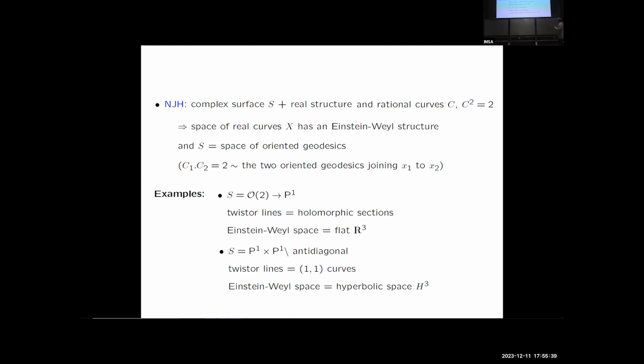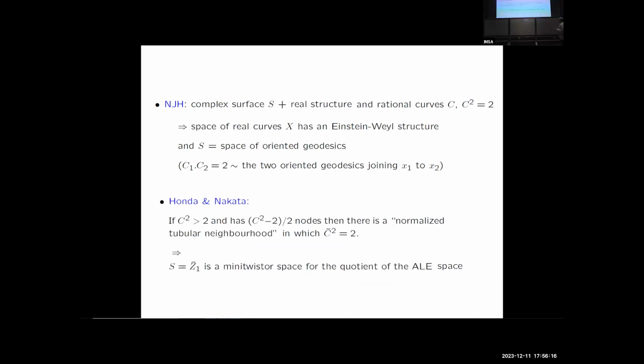Bogomolny equations correspond to holomorphic bundles on this total space and this twisted space, and likewise in this case. But the point about this was that if you ask for your surface to be an open set in a compact complex surface, then of necessity the local structure of this Einstein-Weyl space is just going to be one piece. So at the time, it seemed like it wasn't going to interact with genuine algebraic geometry in a good fashion, but it was a good background in monopoles.